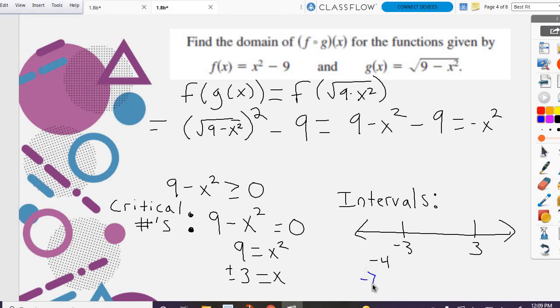Yeah? And remember that it would be -7 is greater than or equal to 0. Is that a true statement? No. So we know that that first interval is not in our answer.